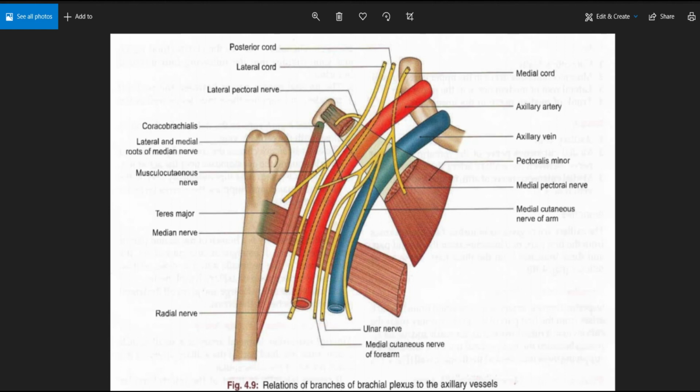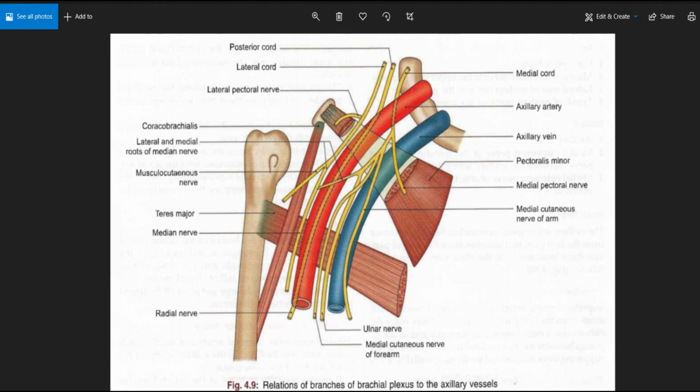Anyways, the axillary nerve also is a posterior relation because it is a branch from the posterior chord. So the posterior chord gives the radial nerve and the axillary nerve. It gives other branches as well, but these are the two terminal branches and they are the posterior relation for the third part. Brachial plexus relation I'm talking about.